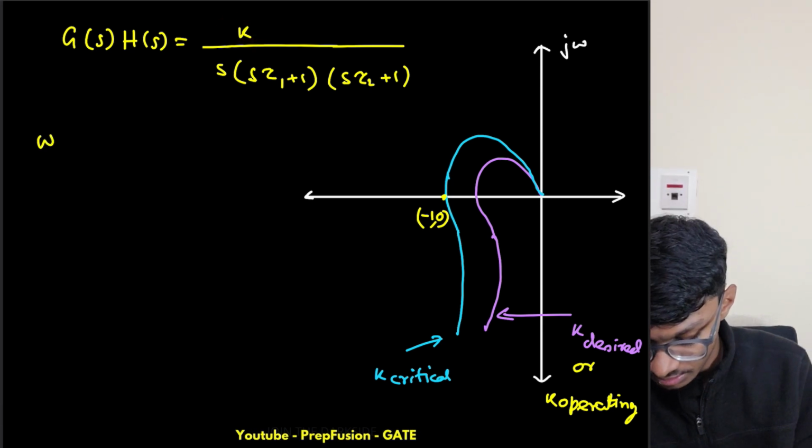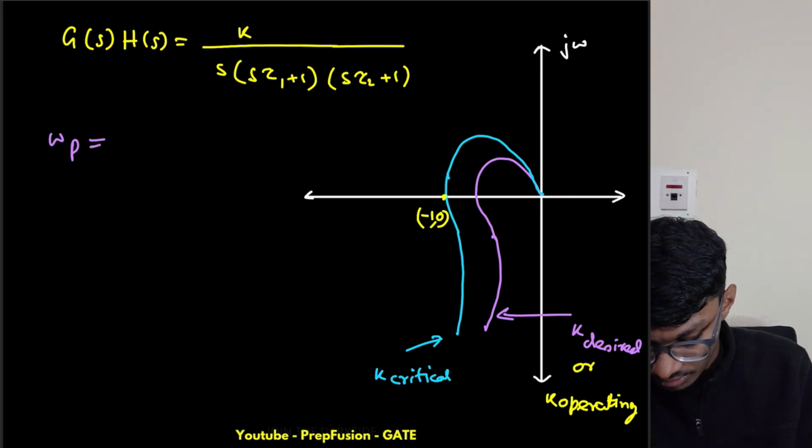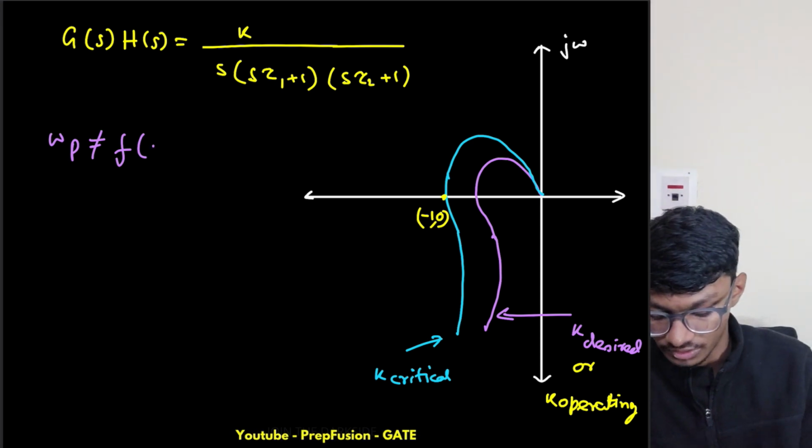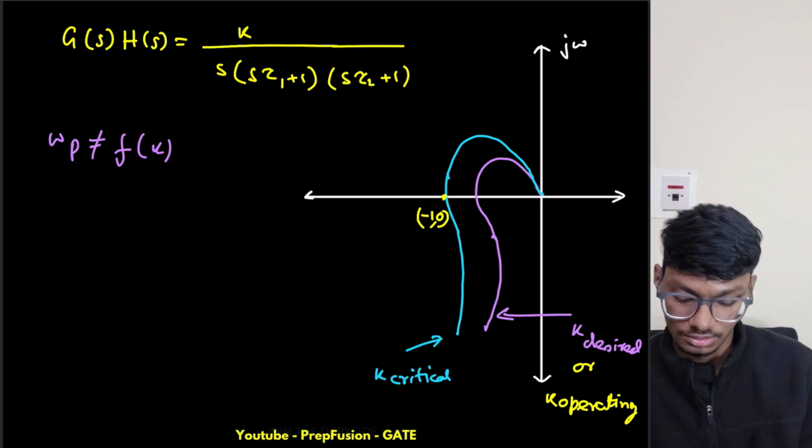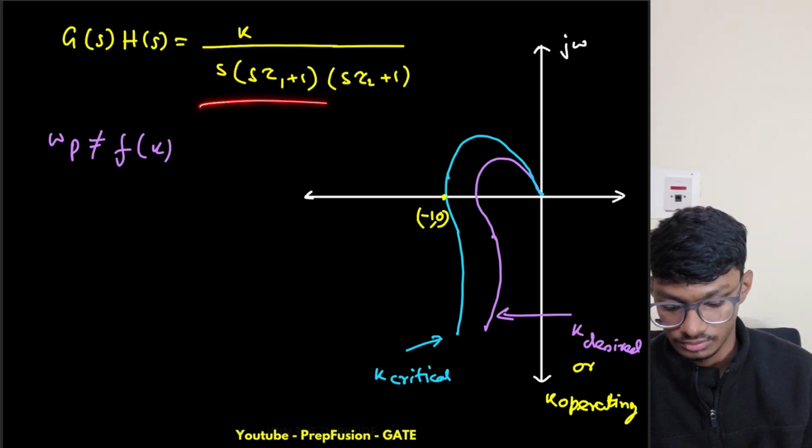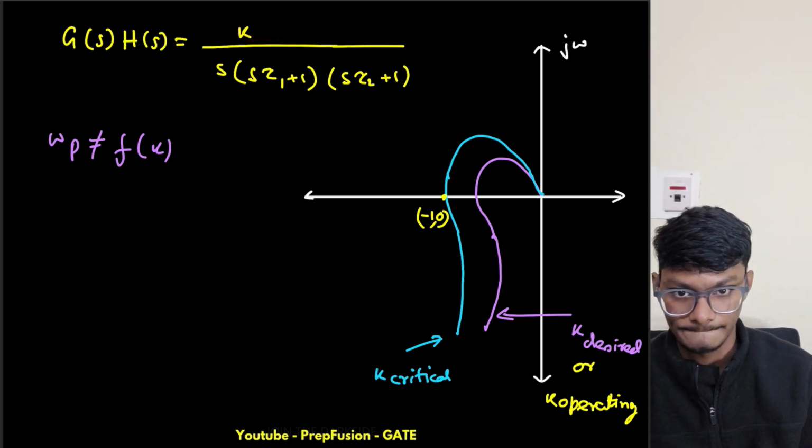Omega p is not a function of k. It is not a function of gain itself. It is only a function of the phase itself, right? So it is not a function of k.